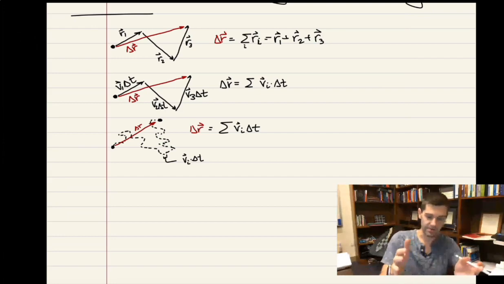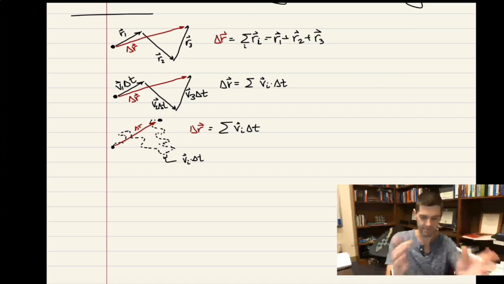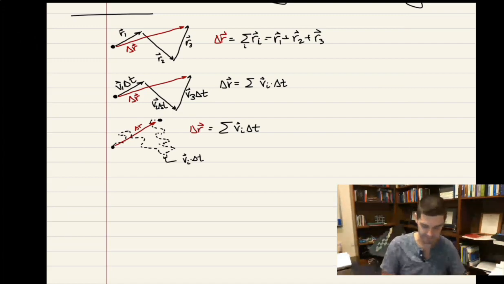You could imagine we could do even more. Instead of a billion, I do a billion billion. Or I shrink delta t so that every little leg of my journey, I'm doing it over an incredibly tiny, tiny, tiny amount of time. But now there are billions upon billions of these little individual steps.